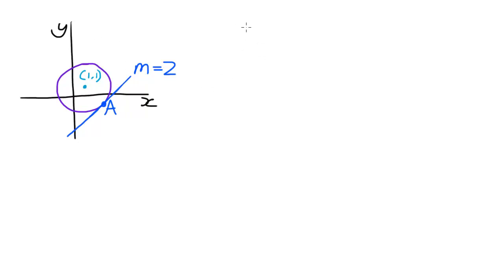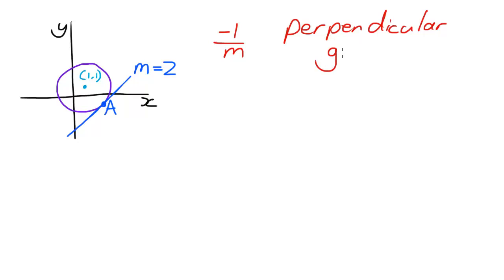In textbooks it'll say something like this: minus 1 over m is the perpendicular gradient. And that means the line that is perpendicular to this will have this perpendicular gradient.